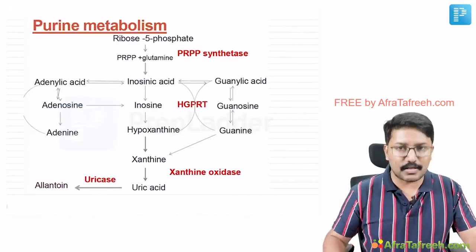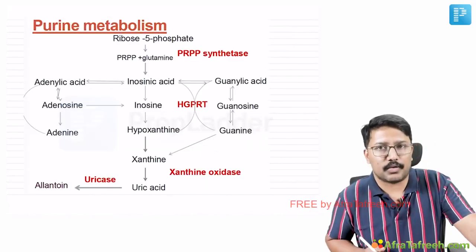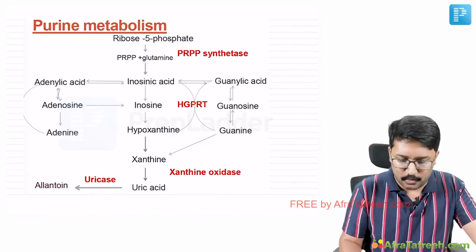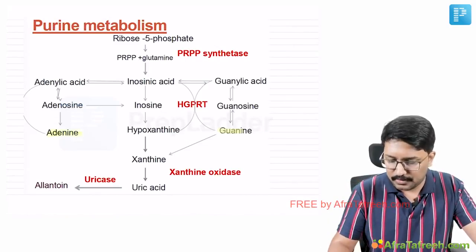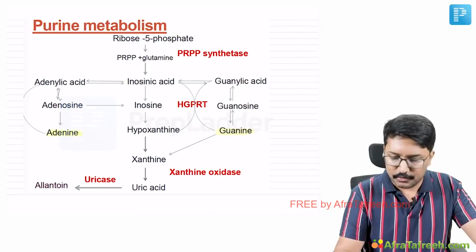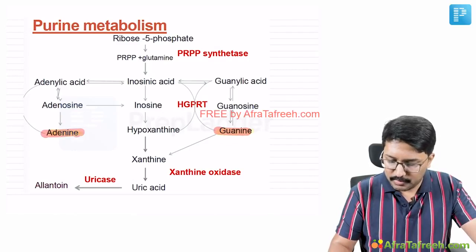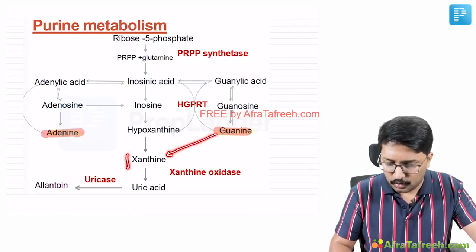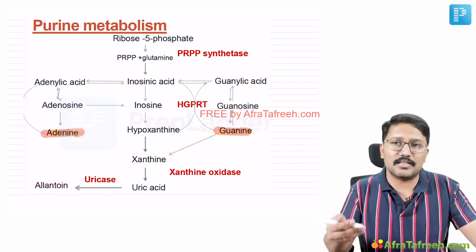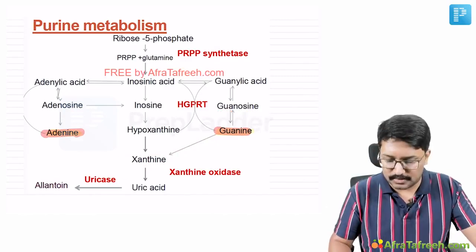So here is a flow chart that summarizes the purine metabolism. So let us talk about our building blocks, that is adenine and guanine, right? If you start with adenine and guanine, you will notice that guanine can be directly converted to a molecule called xanthine. That is the immediate precursor of uric acid, right?